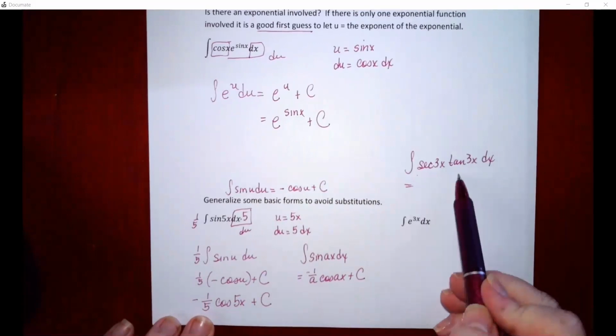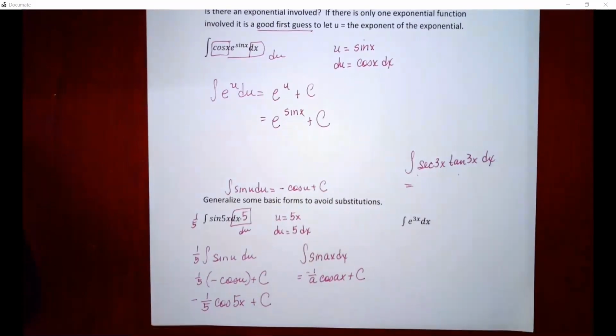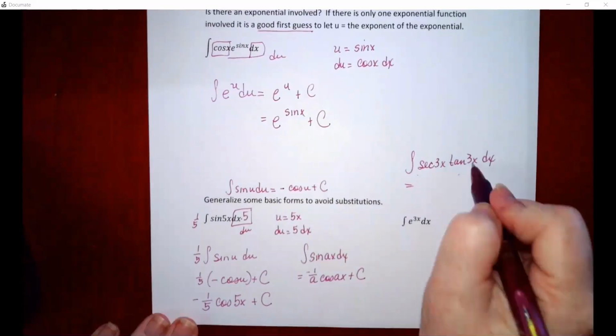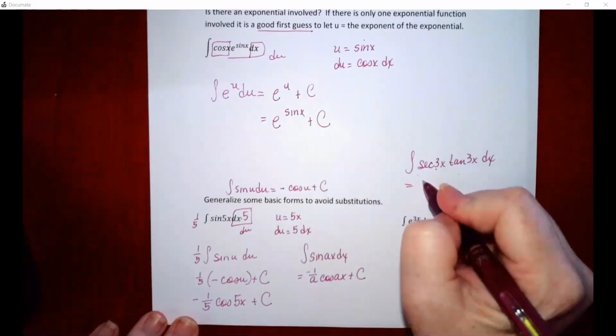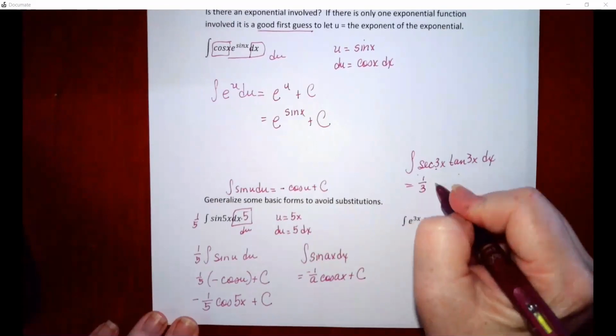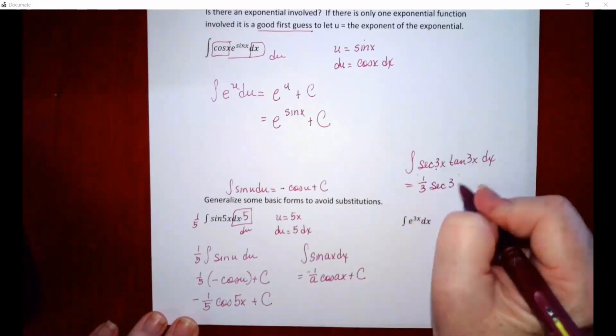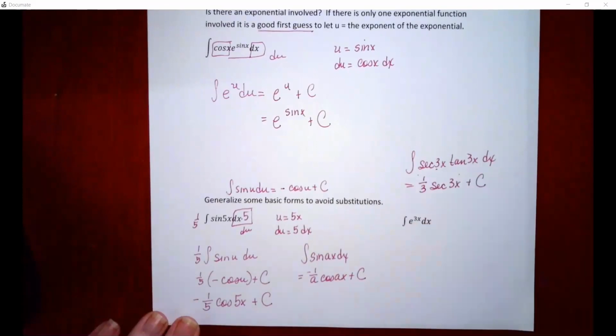If I take the derivative of blank, I get a secant times a tangent. Secant. So we have a 3x in there. This would be a 1 over 3 secant 3x plus c.